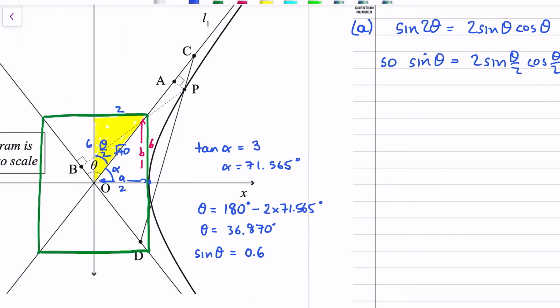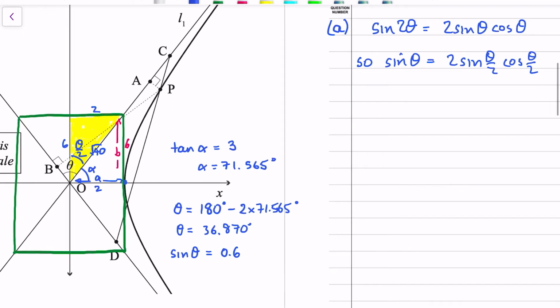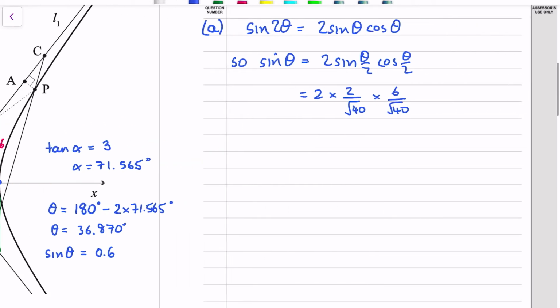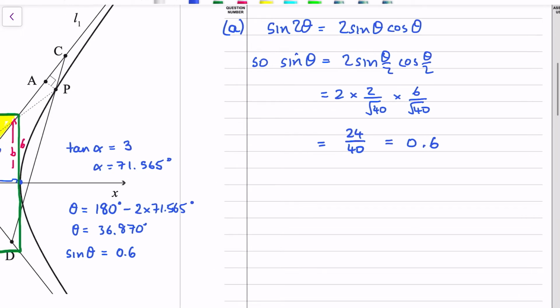So sine of theta over 2 is opposite over hypotenuse, so 2 over root 40. And cos of theta over 2 is adjacent over hypotenuse, so 6 over root 40. And that comes out to be 24 over 40, which is 0.6. Okay, and I've worked in exact form the whole way down.